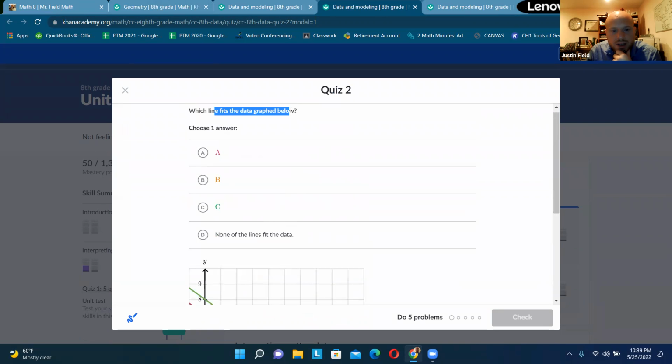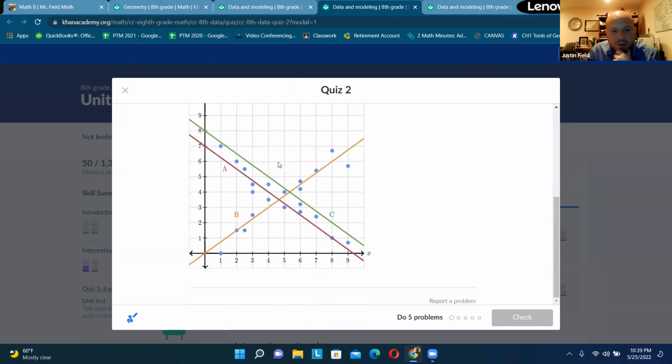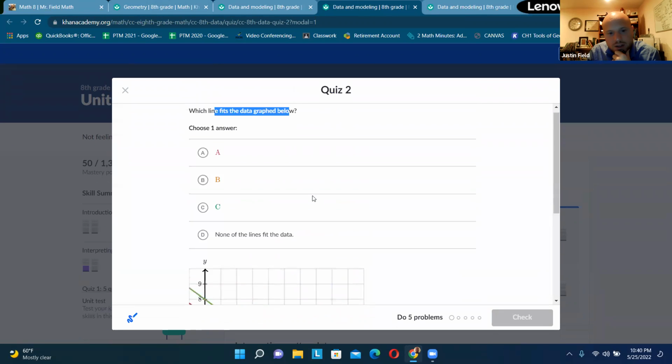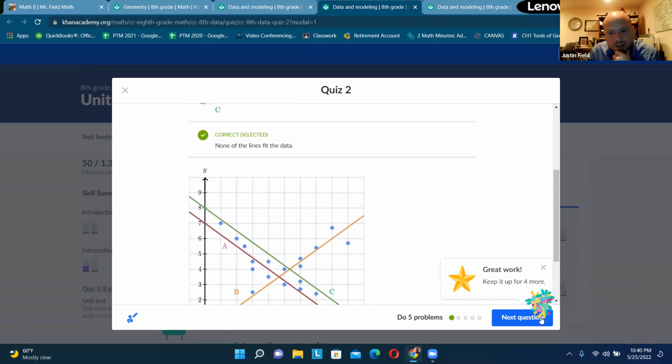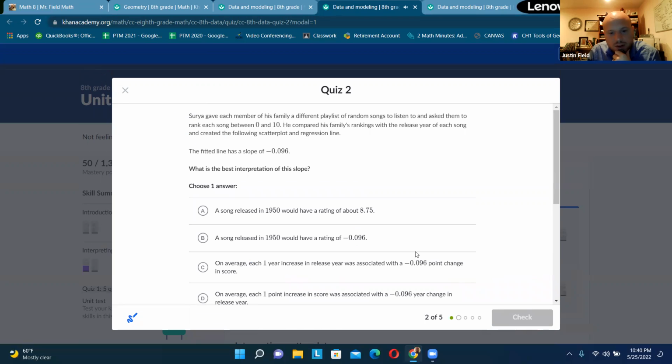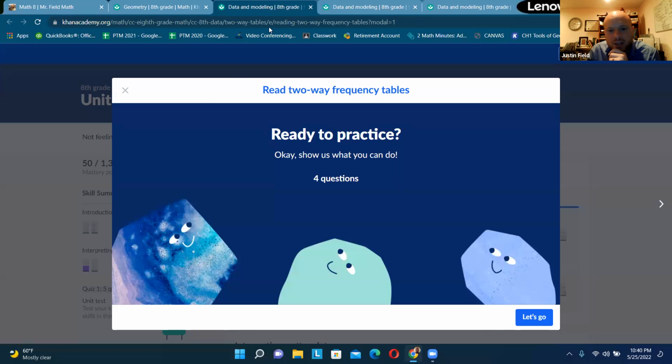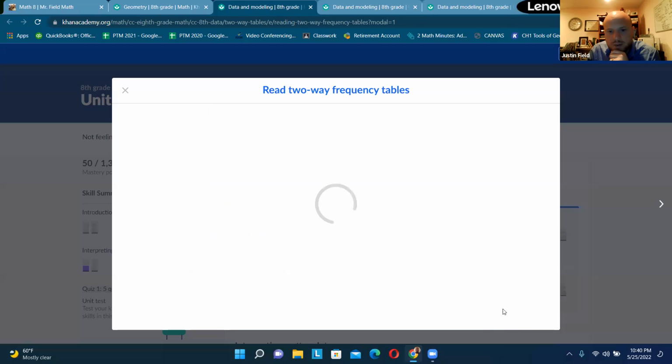Choose which line fits the data below. Where's the data? Oh my, this data is all over the place. None of the lines fit the data. The data is terrible. But, oh yeah, and this one is just like what we just did. So go ahead and try that one, post in the organizer.